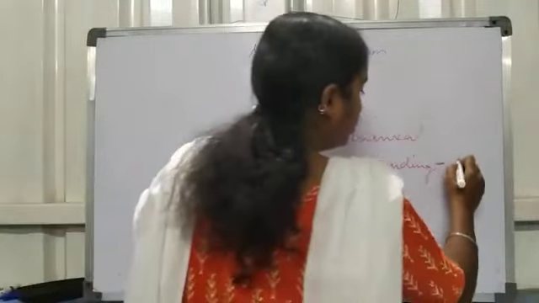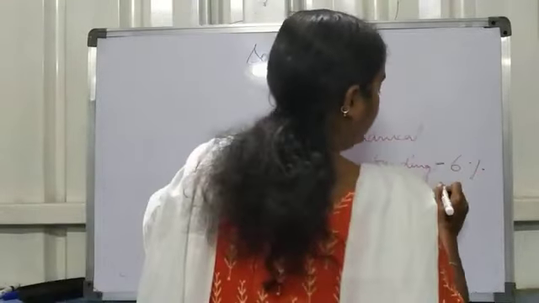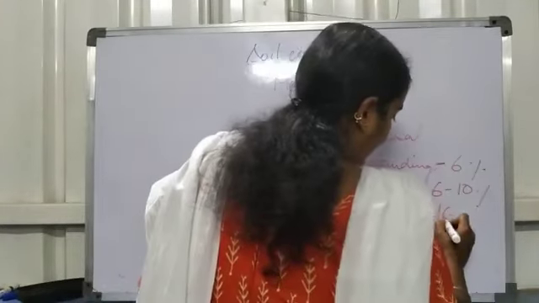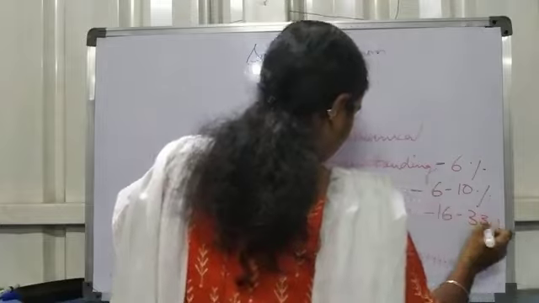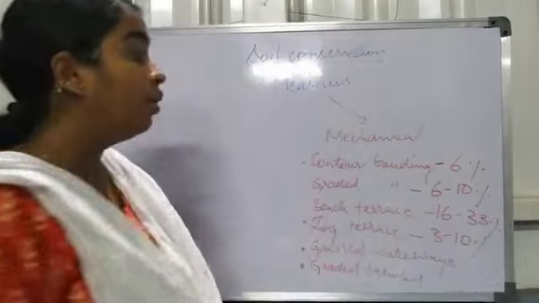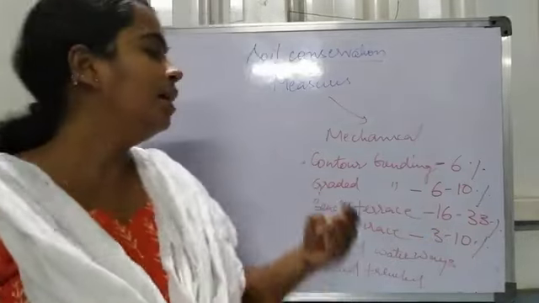Contour bunding is used for land with slope up to 6%, graded bunding 6 to 10%, bench terrace 16 to 33%, and zing terrace 3 to 10%. So these are the various slopes which may be asked in the exam.